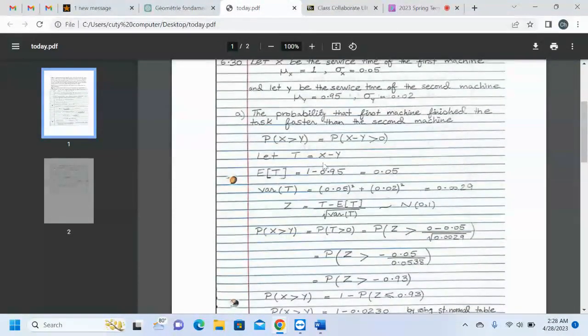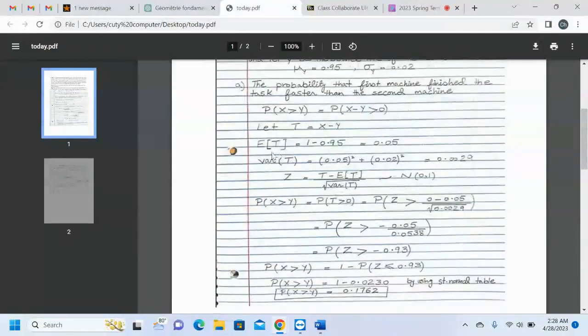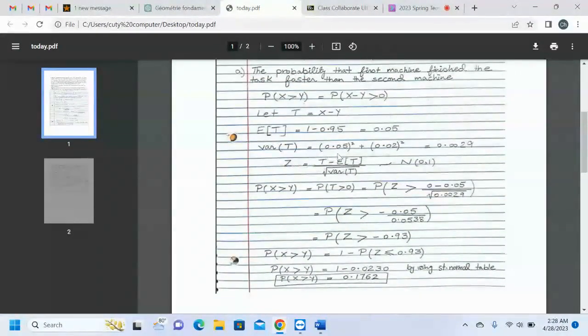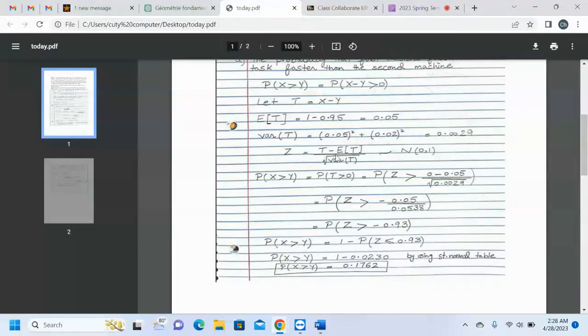So let T equal X minus Y. The expected value of T is 1 minus 0.95, which is 0.05, and the variance of T is 0.05 squared plus 0.02 squared, which is 0.0029. And here Z equals T minus the expected value of T over the square root of the variance of T, which is approximately N(0, 1).